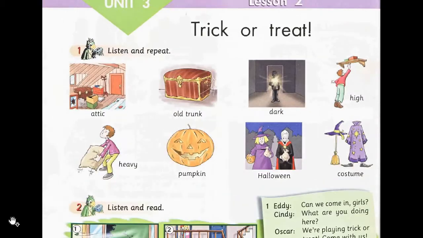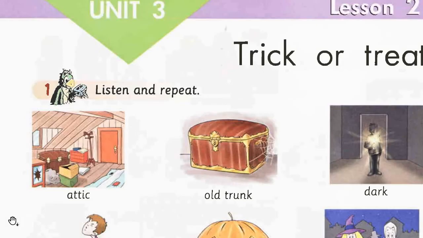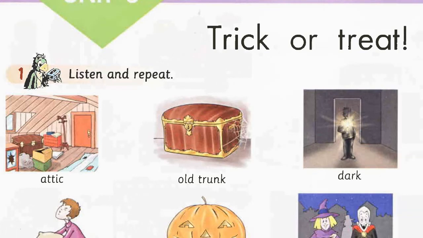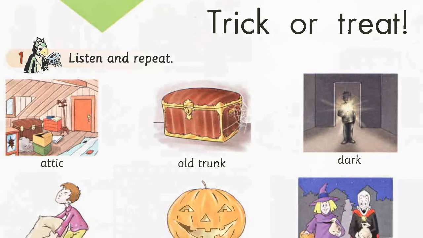In the previous class, we had the same title, Trick or Treat. Trick means to make a joke about something or somebody. And treat is a present, a gift. Could be candy. That's why we have trick or treating in Halloween.